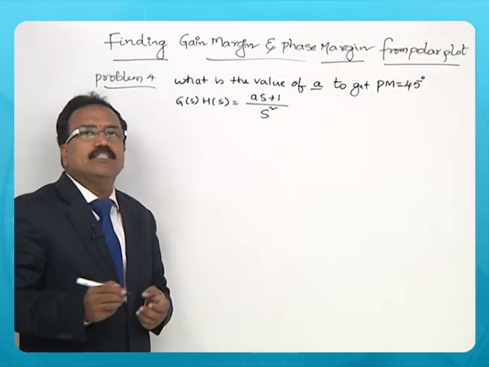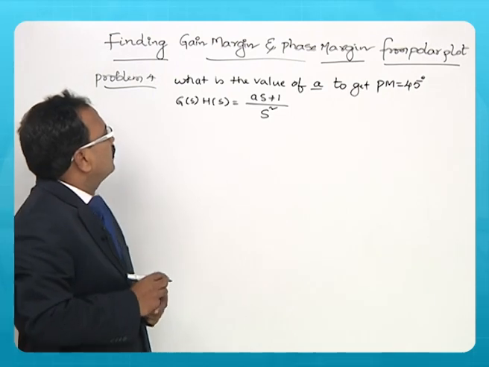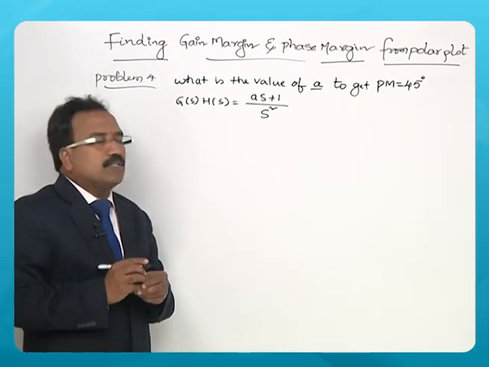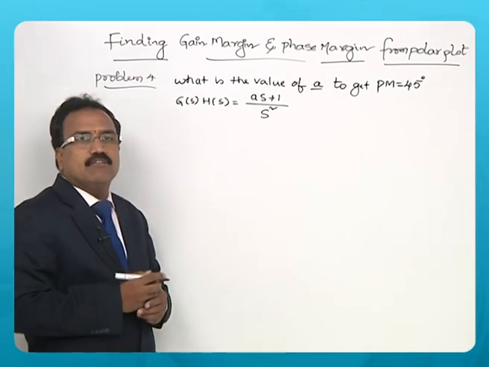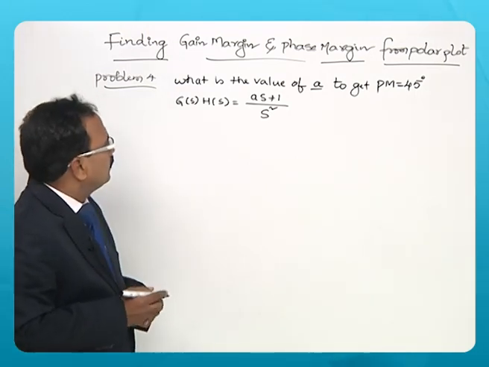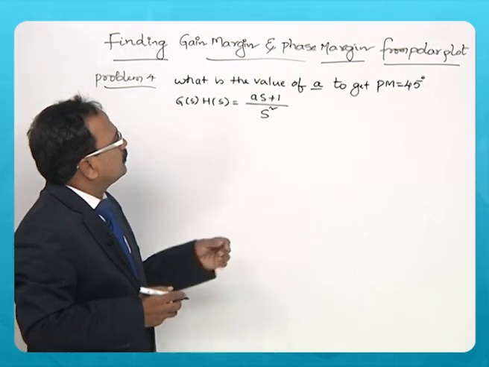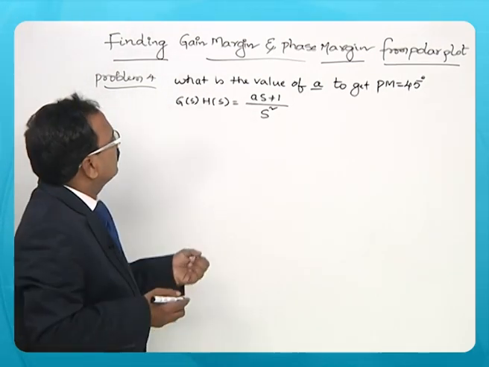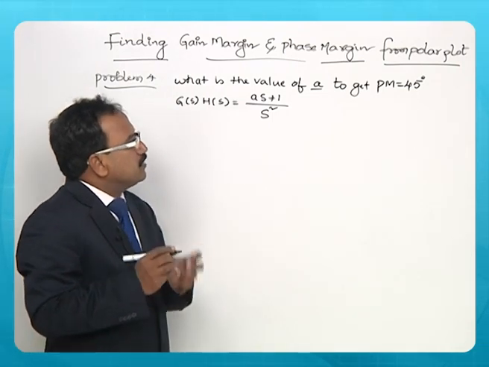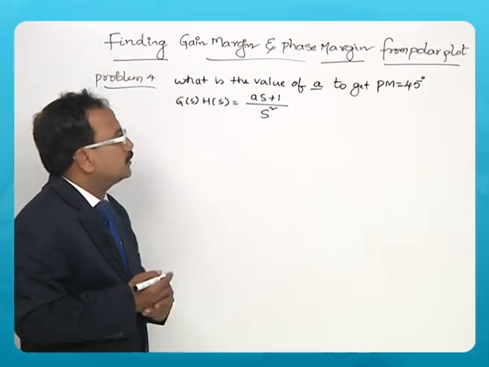So this is another variety of problem, where the system has 2 poles at origin and 1 zero at s equal to minus 1 by a, and the question is what is the value of a, that is some constant, to get the specific phase margin of 45 degrees.